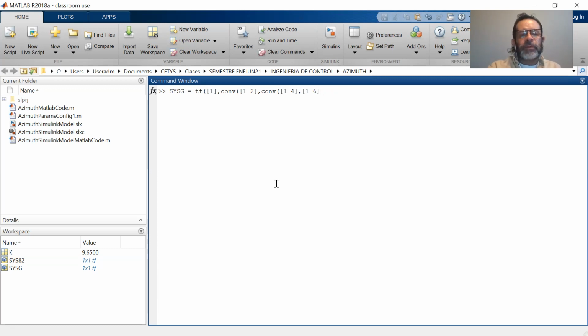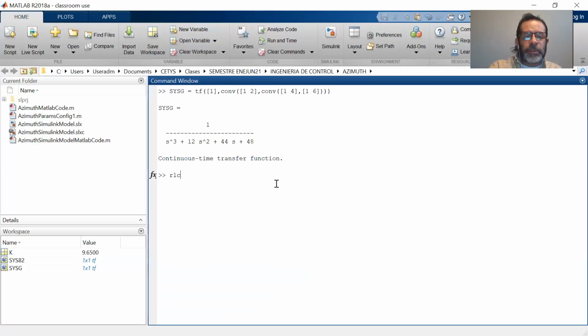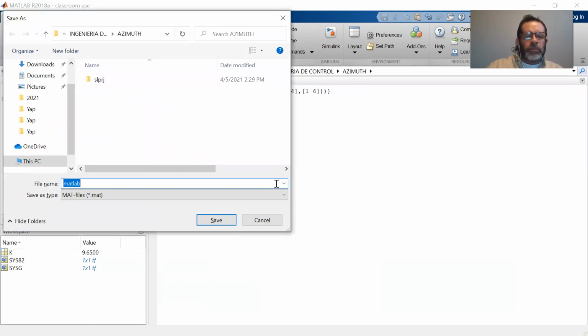Let's just verify that our parentheses are correct. So it's 1, 2, 3. That's going to be sys G. Let's plot the root locus for this system.